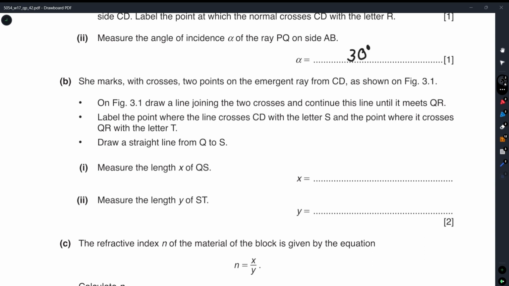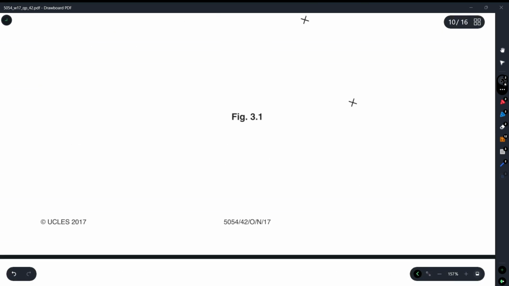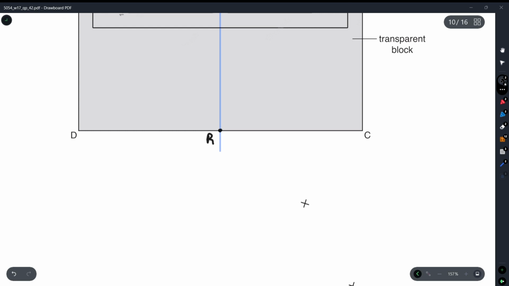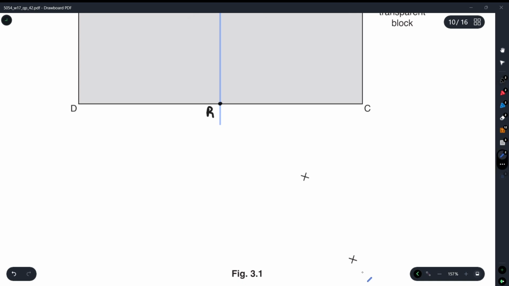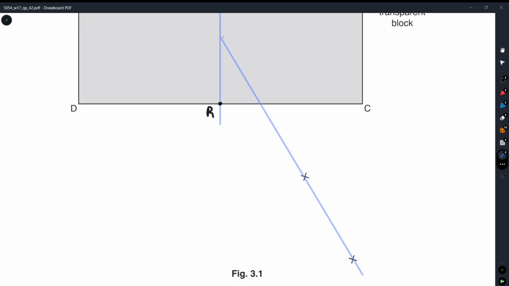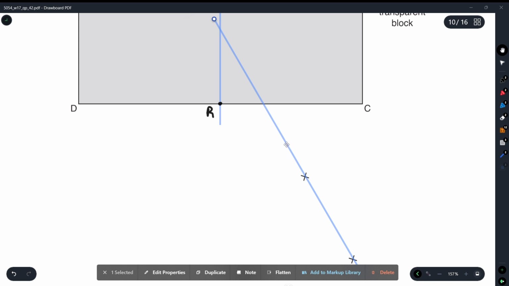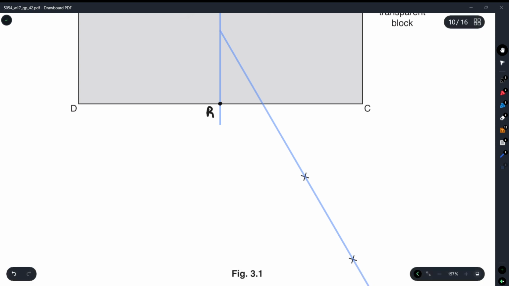She marks with crosses 2 points on the emergent ray from CD as shown. Draw a line joining the 2 crosses and continue the line until it meets QR. Okay, we can do that. Yep, that's much better, and it's meeting QR.